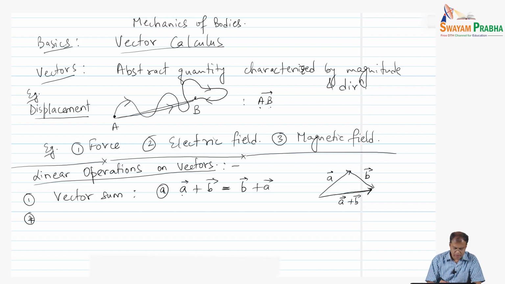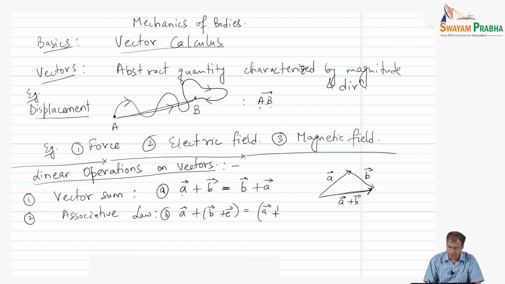Then what we have is the so-called associative law. For example, A plus B plus C is equal to A plus B plus C, grouped either way. We see that this is the associative law. And then we talk about the so-called inverse of a vector, or the negative of a vector.